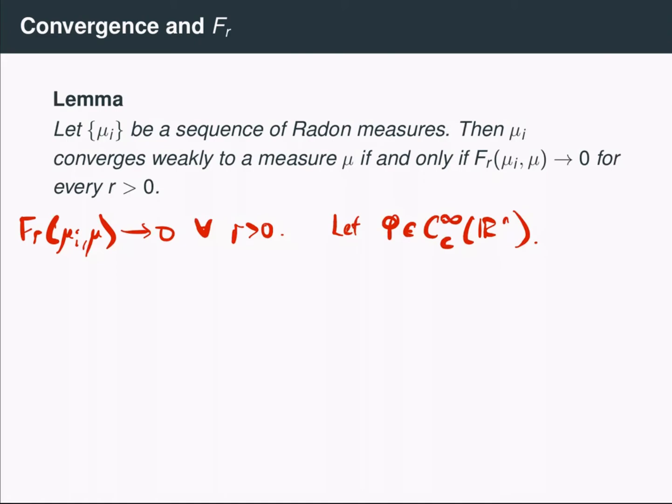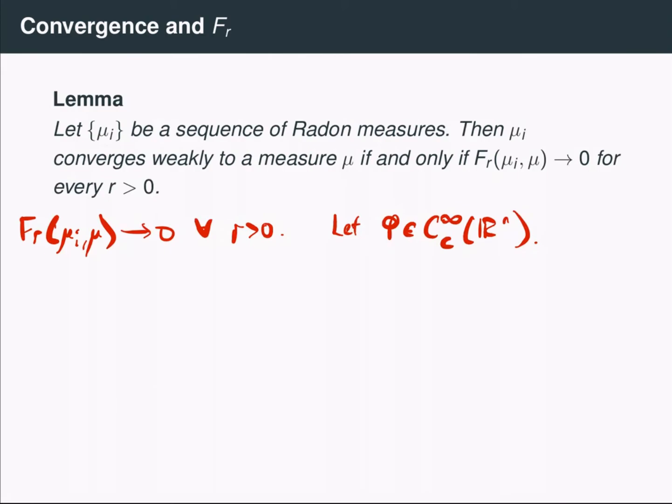Thus, if we want to show that mu_i is converging weakly to mu, it suffices just to show that the integral of phi with respect to mu_i converges to the integral of phi with respect to mu for phi in this dense subclass.